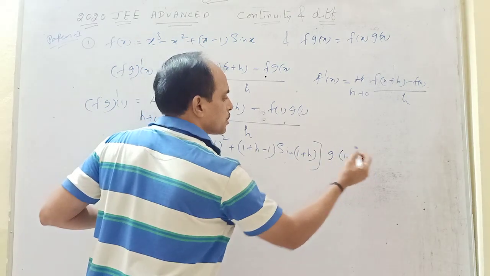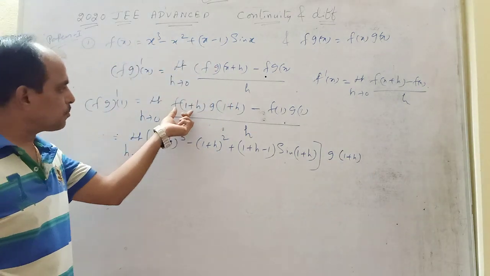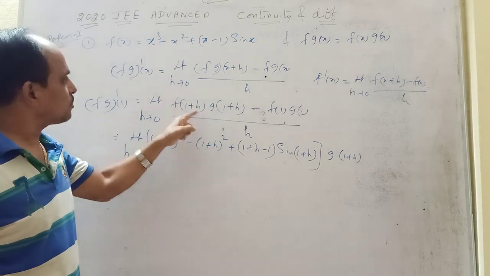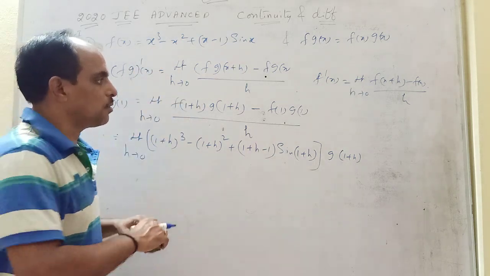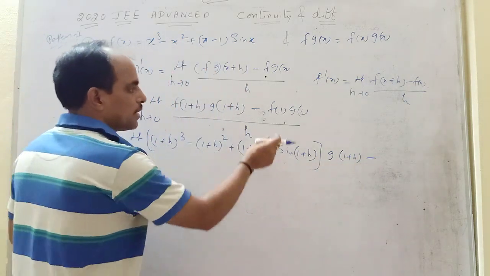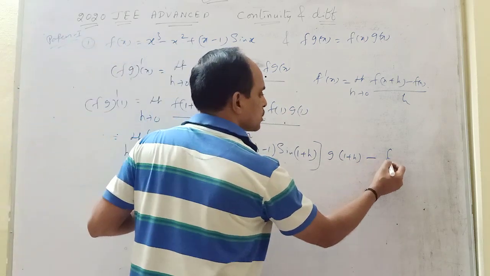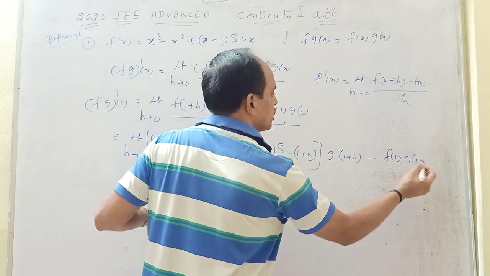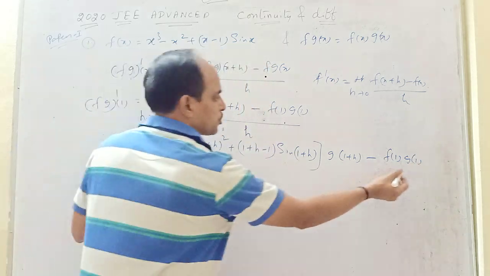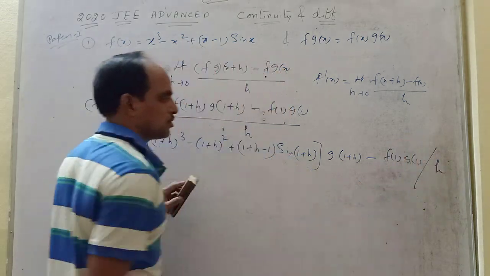I replaced x here with 1 plus h, minus f of 1 into g of 1, whole divided by h.